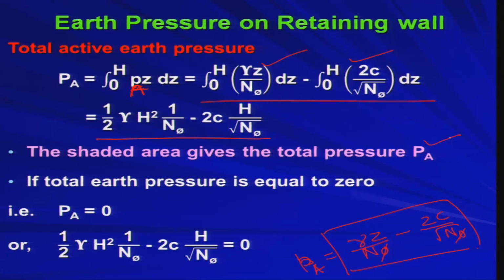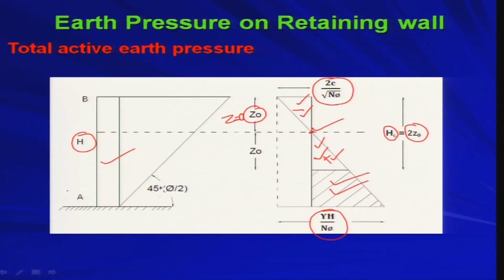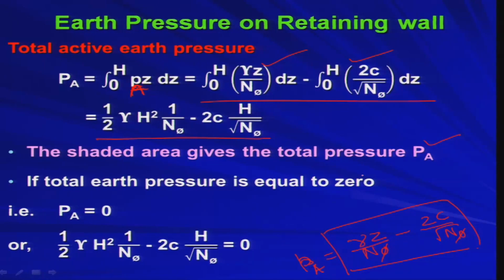The previously shown shaded area, if you calculate it, gives you the total active thrust in case of cohesive soil, which is obtained from this integration. The total thrust acts at some point, and that point of application needs to be calculated, which is a different issue. But the total thrust is nothing but the shaded area shown in the previous slide.